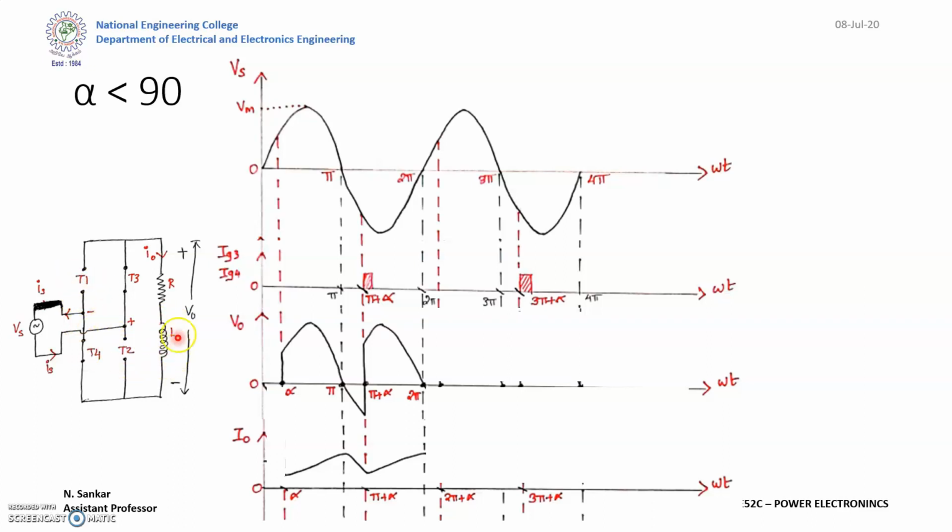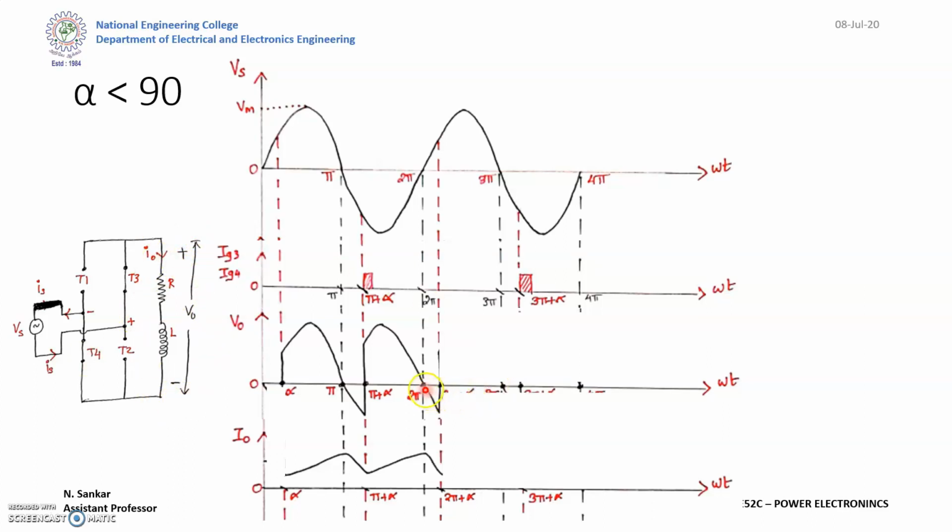But due to the presence of the inductor, the current through the inductor will gradually decrease, and it will flow through T3 and T4, which makes a negative voltage across the output.